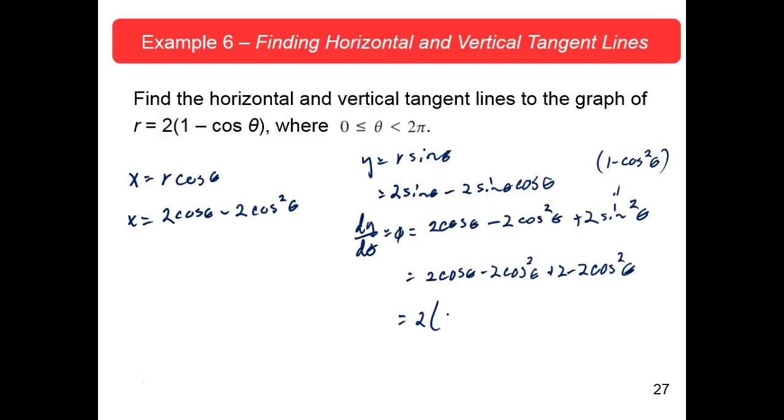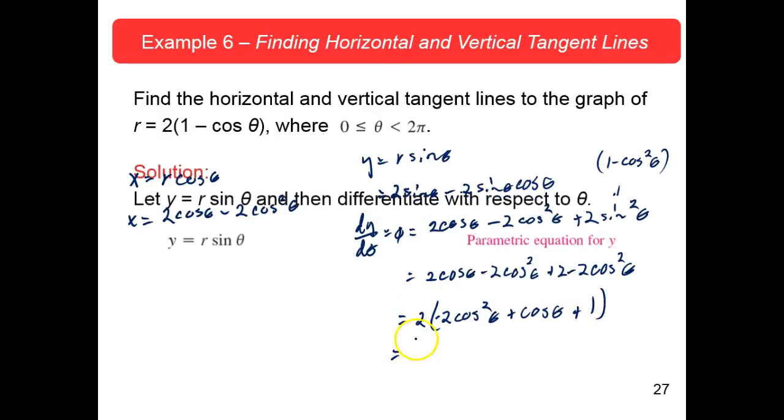And that would be still 2, I'm going to make it minus 2 cosine squared theta plus cosine theta plus 2, plus 1. All right. Now what I'm going to do is factor out a minus 2.